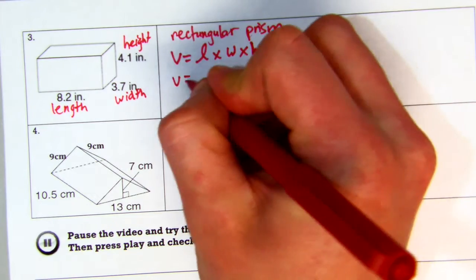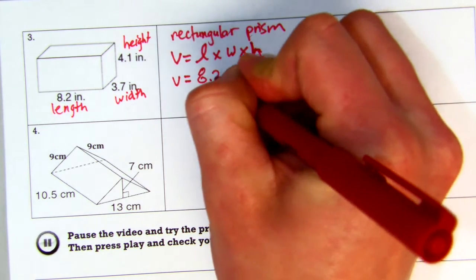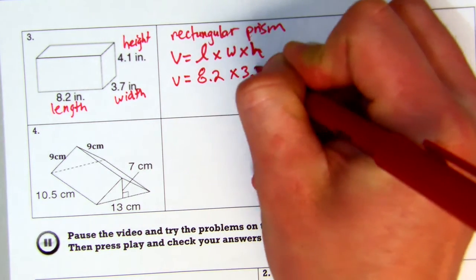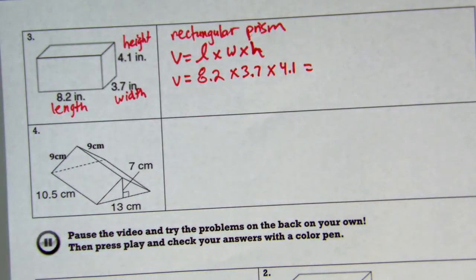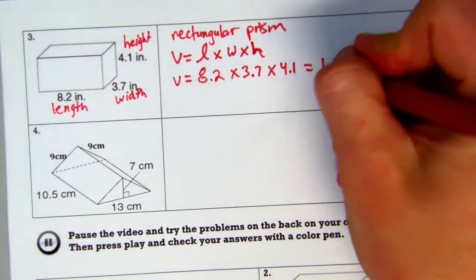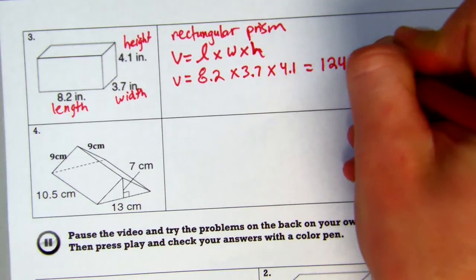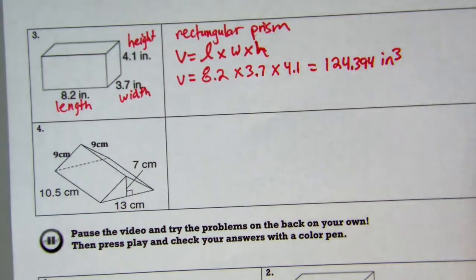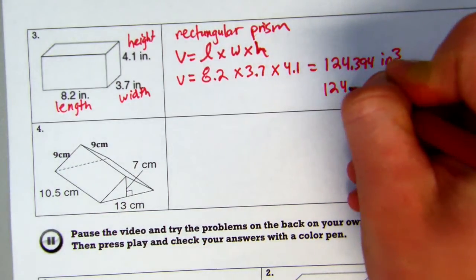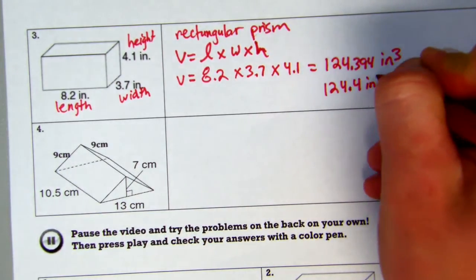So if we plug it in, volume is equal to 8.2 times 3.7 times 4.1, and I plug that into the calculator and I get an answer of 124.394 inches cubed, or I can round it to 124.4 inches cubed.